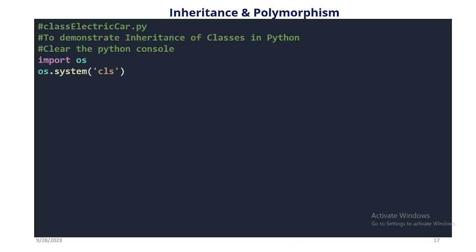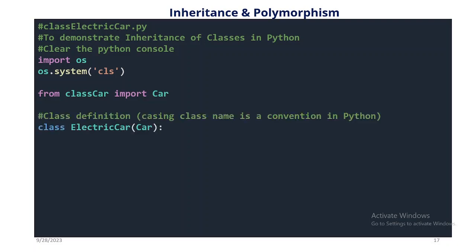So let's go straight to see an example. We start by defining a class called electric car, class ElectricCar, to demonstrate inheritance of classes in Python. So let's begin with just demonstrating inheritance. And we say from car import Car. Remember, we've created class Car before.